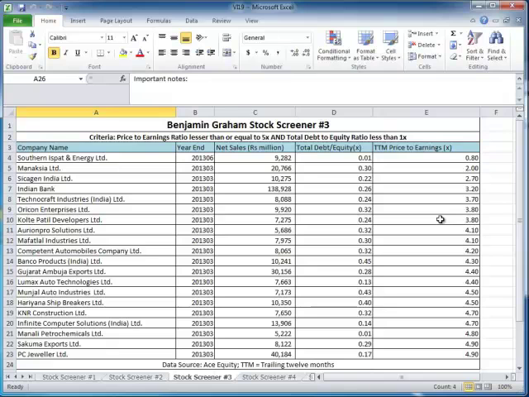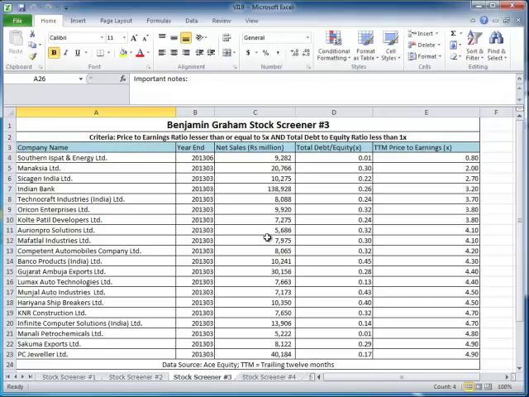Okay, so we've kind of sorted things out by price to earnings ratio. So we want price to earnings of less than 5 times, and we also want a debt to equity ratio of less than 1. And we have then applied an additional filter where we take out companies with net sales less than rupees 5,000 million. So all these companies have net sales of greater than rupees 5,000 million.